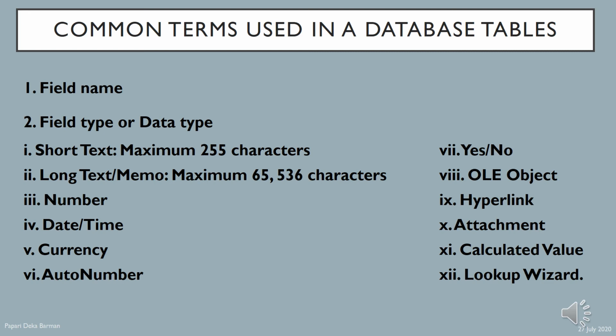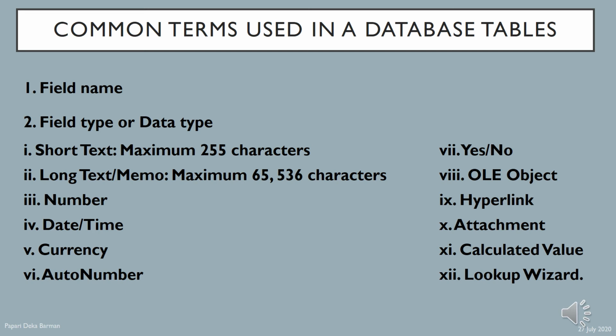Number 11 is calculated value. You can see this data type only in the newer version. In the older version you cannot see calculated value. It can store values used in calculations like addition, subtraction, multiplication, etc.